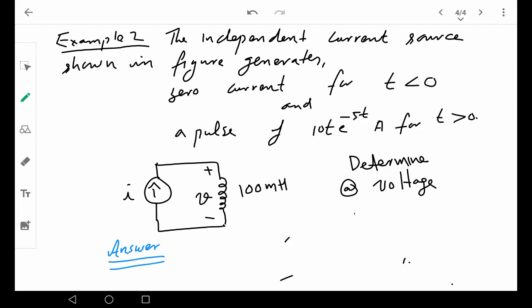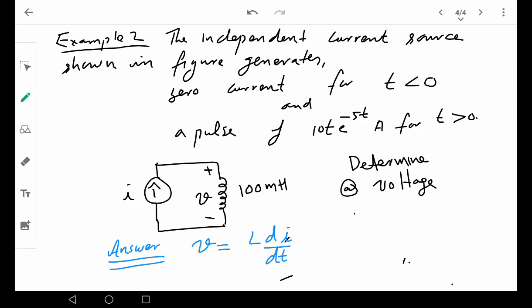Determine the voltage given the current at the terminal of the circuit, right? You know the voltage V equal to L di by dt, isn't it? So you know what L is. L is 100 millihenry. Di by dt you have to find out, by differentiating by parts.